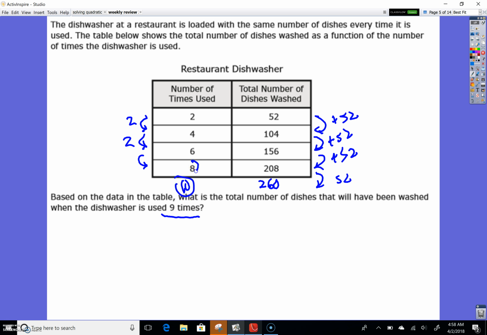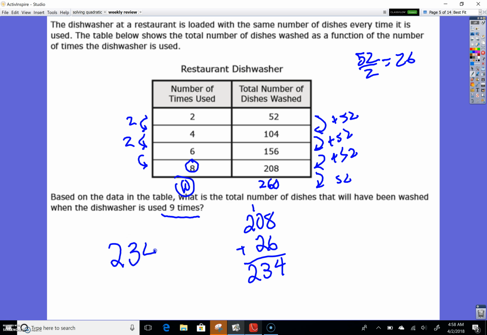I want 9. So instead of adding 52, what we really want to do is add half of 52, which is 26. So I have 208 plus 26, 234 should be our answer.